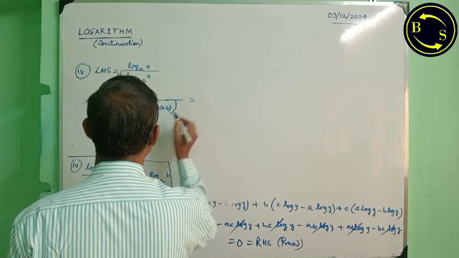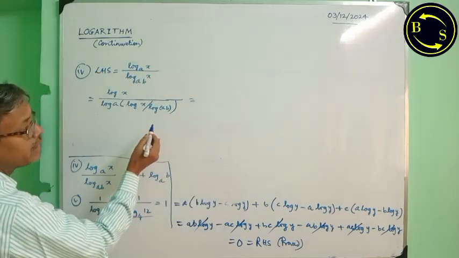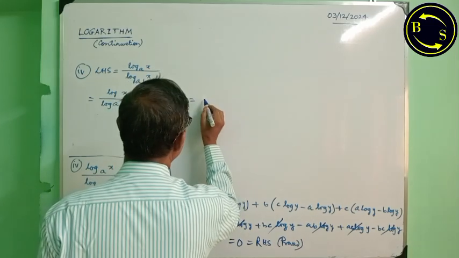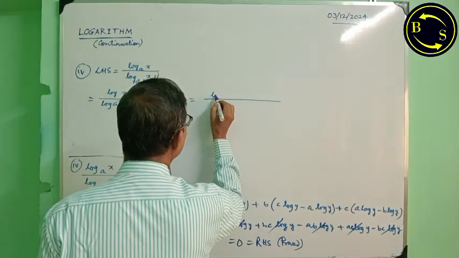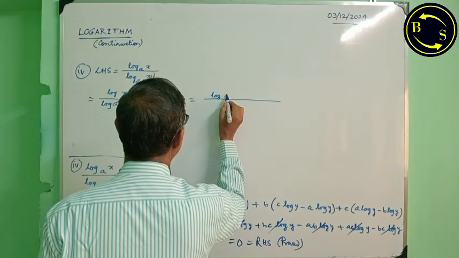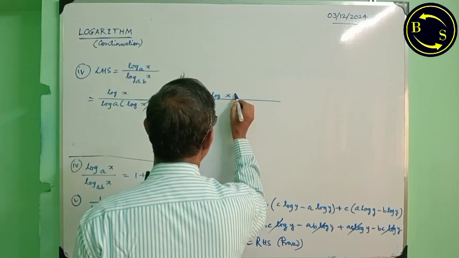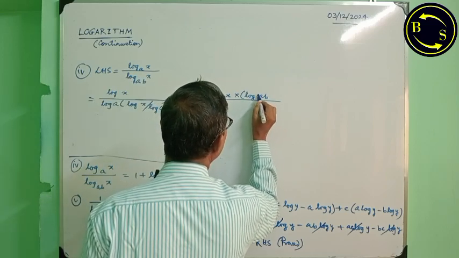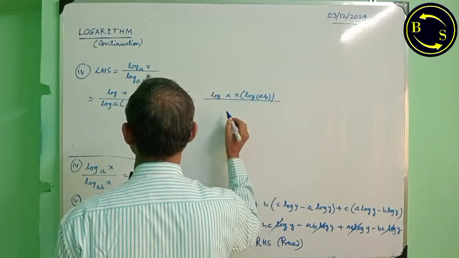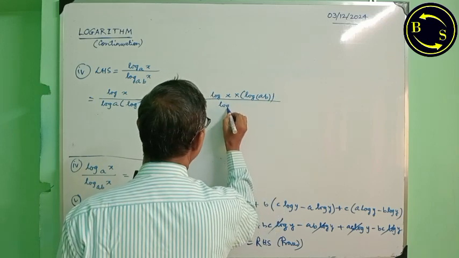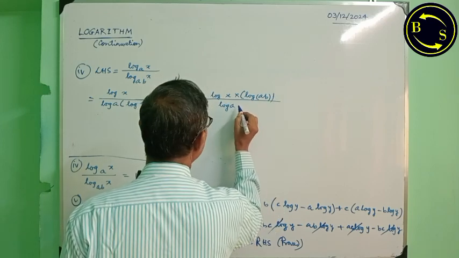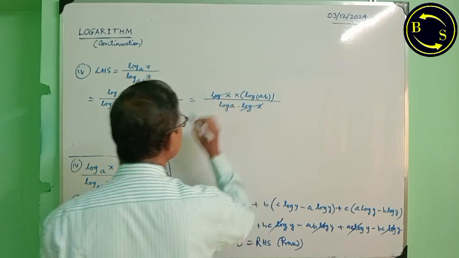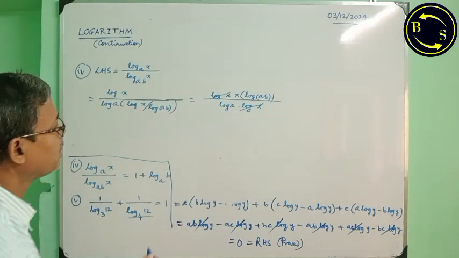Since log of ab is in the denominator of the denominator, it will be taken to the numerator, so that it will be log x into log of ab by log a into log x. These log x's are cancelled.